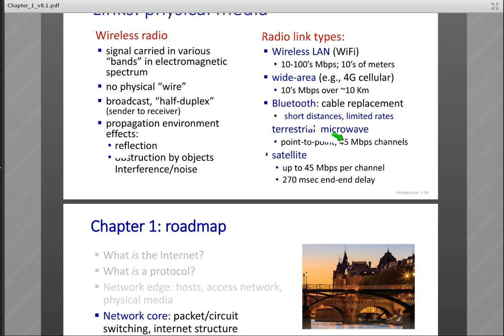So the delay is D divided by V. The propagation delay from the Earth to the satellite, or from the source to destination, is D divided by V. V is the speed of transmission and D is the distance.